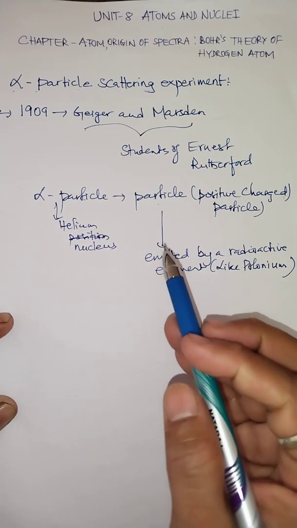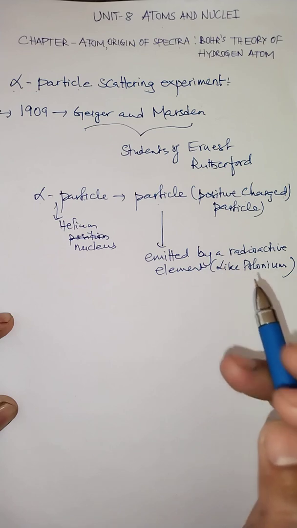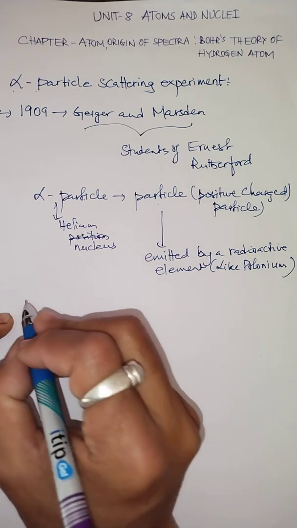The main objective of this alpha particle scattering experiment is the discovery of the atomic nucleus. The Geiger and Marsden experiment on scattering of alpha particles actually leads to the discovery of the atomic nucleus.